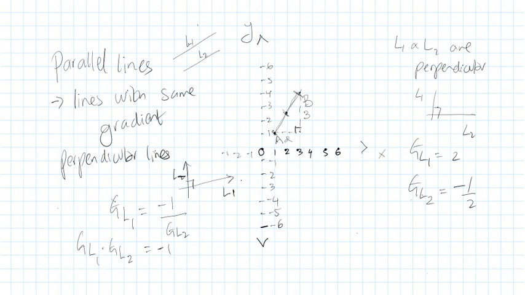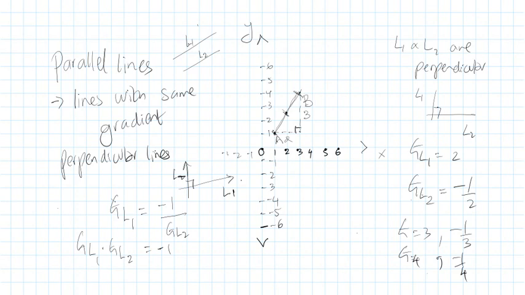So if I give you gradient of line 1 is 3, you know the perpendicular line will have -1/3. So it's -1 over the gradient of the first line always. If the gradient is 4, it will be -1/4. So that's how we can work out the gradient of the perpendicular line directly.